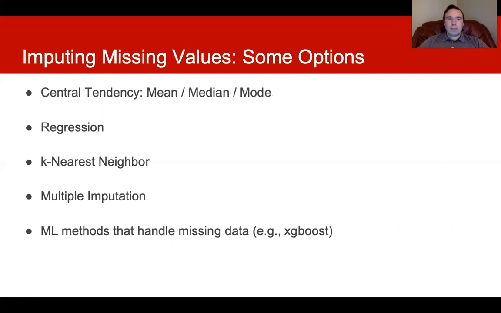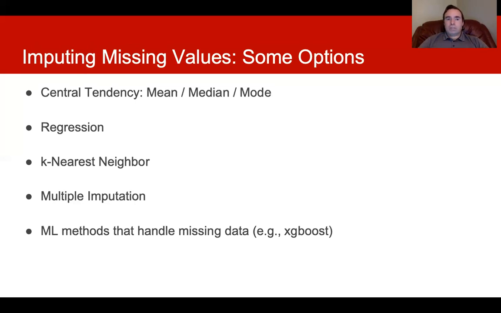So I think many of you probably have some experience with different methods out there. Definitely refer you to the slides for more details on each of these points. You can, most simply, think about imputing central tendency, whether that's mean, median, maybe mode if it's categorical.